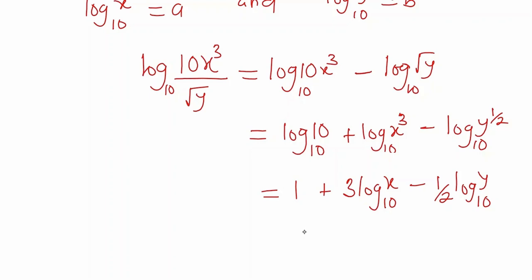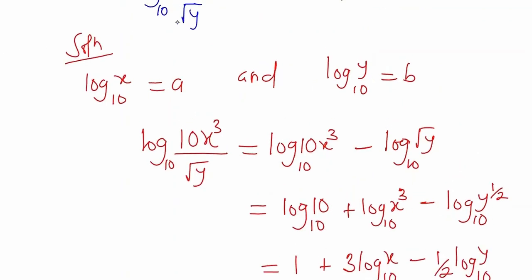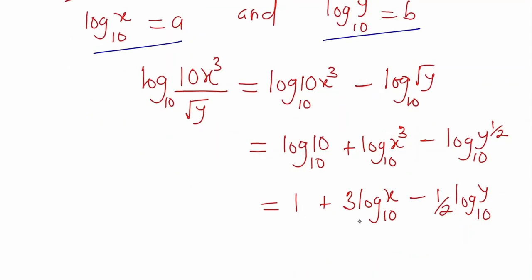Now with this, we were given the values of log x and log y. Initially we were given log x to be a and log y to be b. So in our simplification, we can see log x here and log y here, so it means that we are going to do substitution. By substitution, we are going to have 1 here plus 3 maintained.